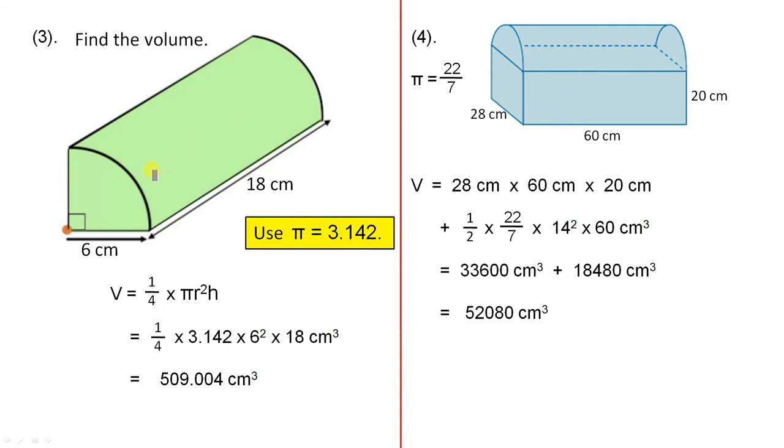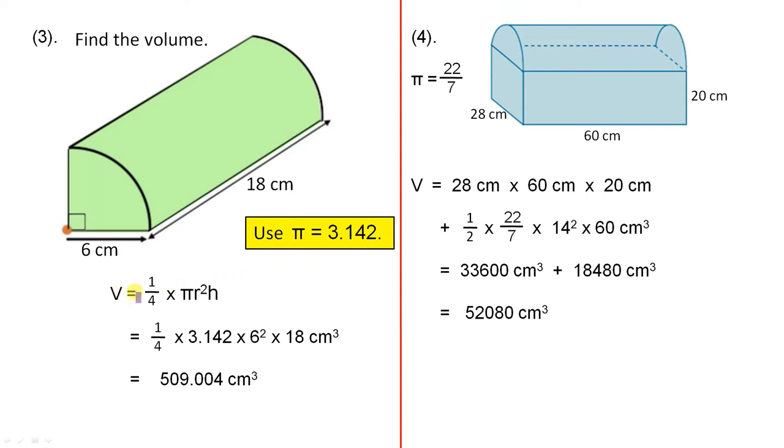For number 3, we can see quite clearly, because that's 90 degrees, that is a quarter of a cylinder. So in order to find that volume, it's basically the quarter of the volume of the full cylinder. We're asked to use pi as 3.142.